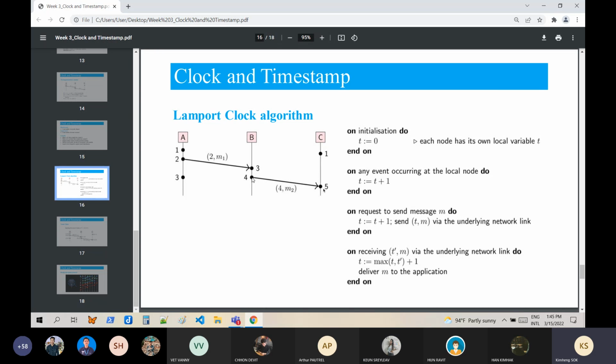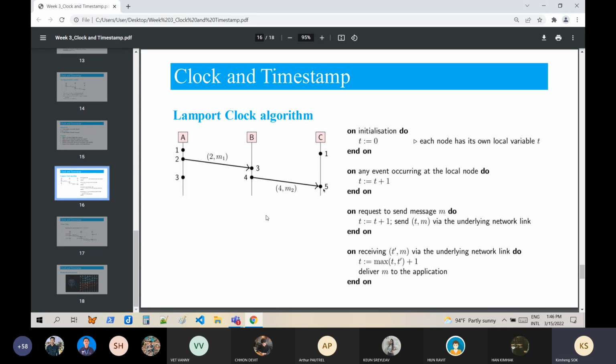And then, for example, computer C: if no event has happened, we call it 1. But why do we call this one 5? Because this event is the causality of this event 4. Okay, so 4 sends some message to computer C. So when the event here has a logical clock 4, it increments by 1 and becomes 5. So 1, 2, 3, 3, 4, and 1, 5 are the logical clocks.